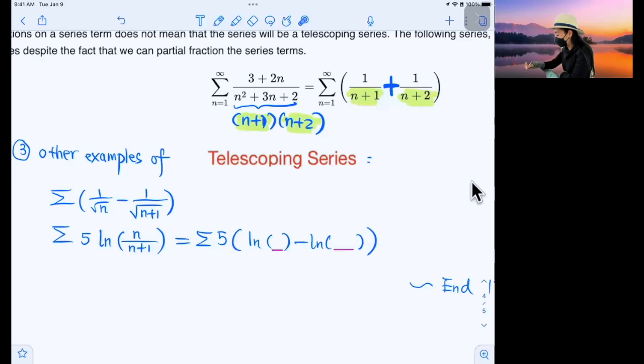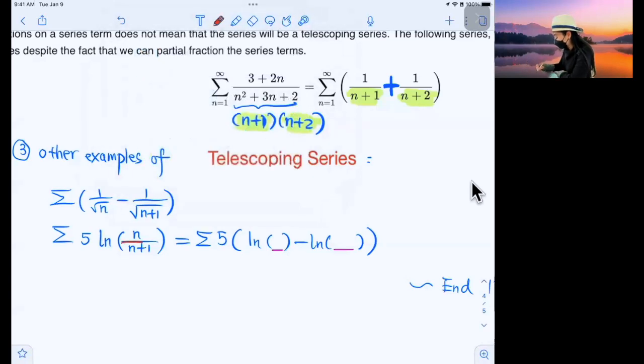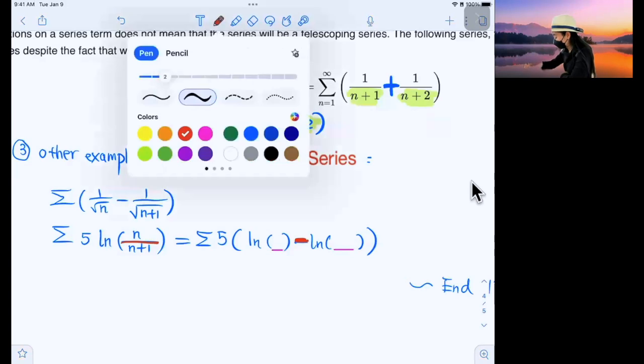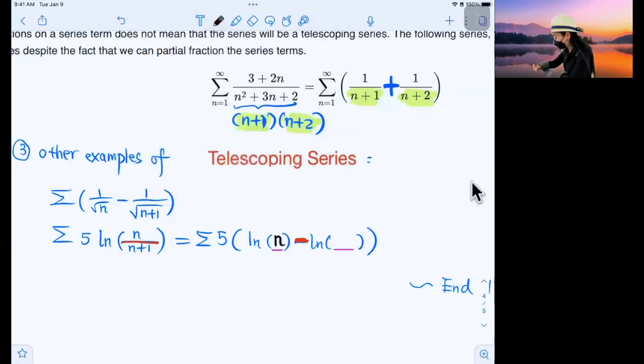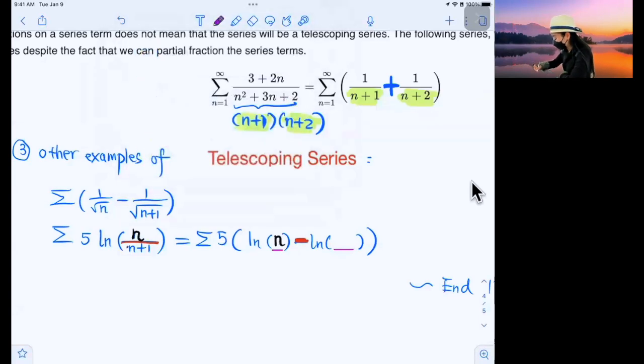Yes. So when this is a quotient right here, Ln of the quotient, you can change into Ln of the numerator. In this case, it is n, right? This n over here. Subtract Ln of the denominator. In this case, it is n plus 1, right?